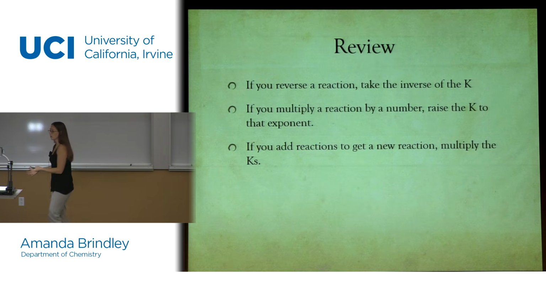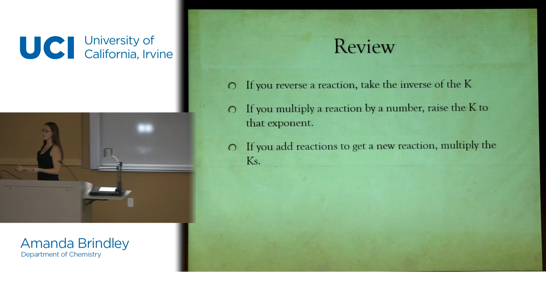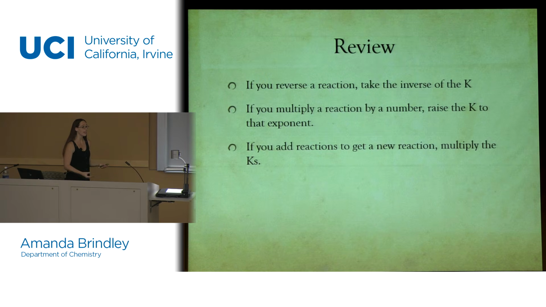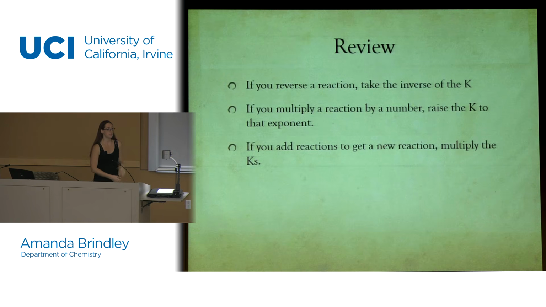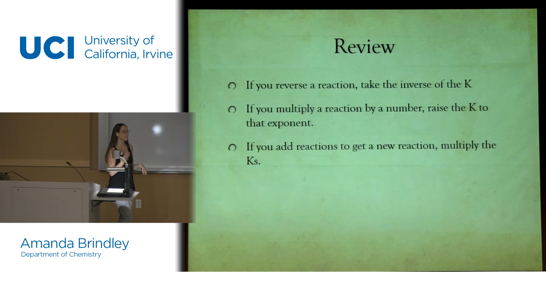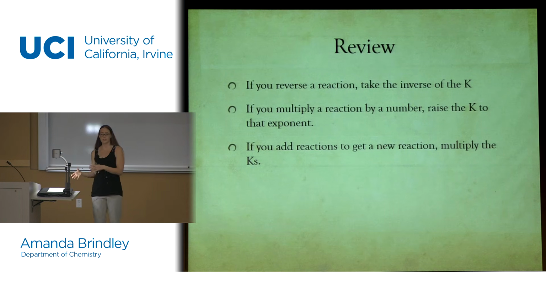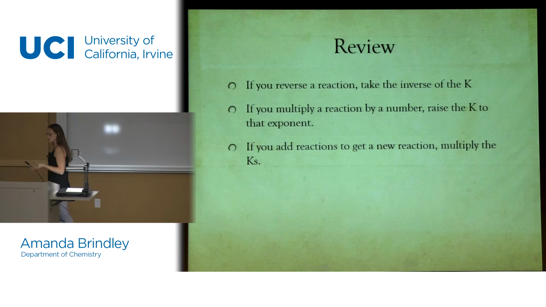And that becomes really important because chemistry doesn't always do what we want it to do. A lot of research is trying to get around the fact that there are all these things in our way and all these problems that we can't quite do exactly what we want to do. And these are the types of ways that we can deal with that, just like we did with Hess's law.